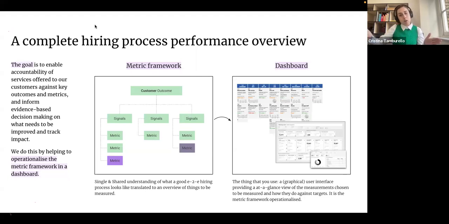I started detailing all the metrics that would cover the entire employee and hiring journey. And on the other end, we set up a service monitoring tool that would serve the teams to ground decisions in evidence, again mapped across the journey.